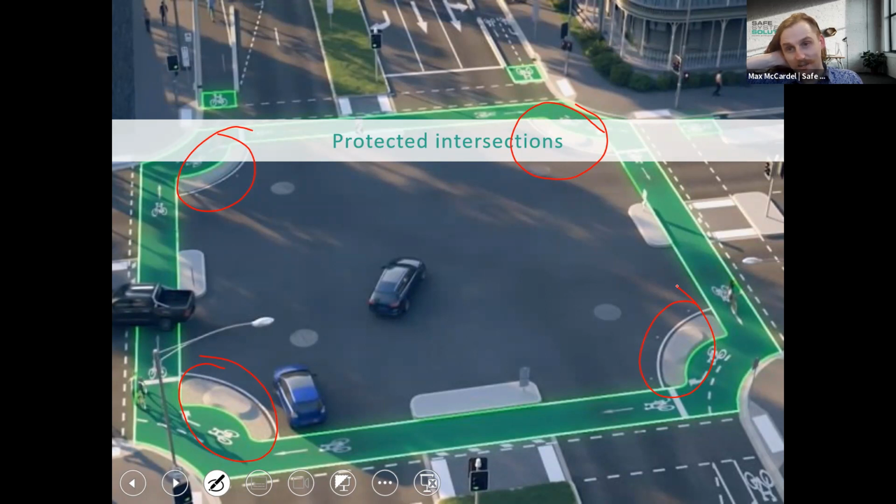The reason that we are implementing these is because traditionally what we would have had is a bicycle lane that would be hard up against our left turn traffic. So it'd be somewhere there. A protected intersection actually builds this offset. So it pushes cyclists further away.